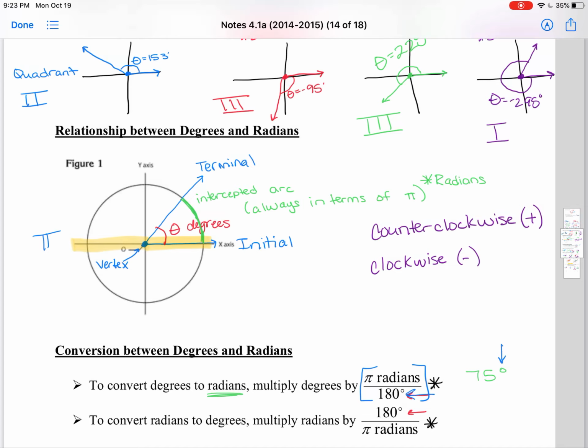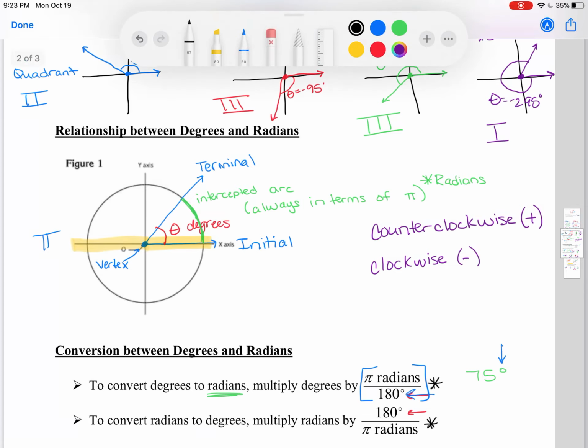All right? If you look back up at this example here, with this graph, I told you at 180 degrees, we have gone a total of pi radians. So what if I asked you if we go a full 360 degrees? So here's 180, so that's 1 pi. Then what if I doubled it?